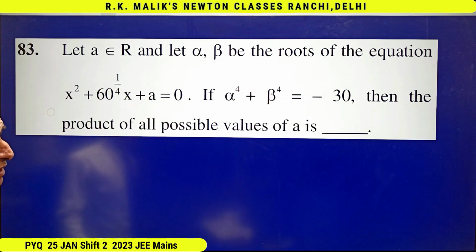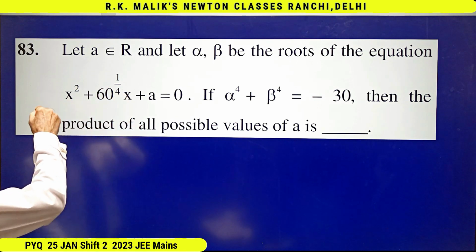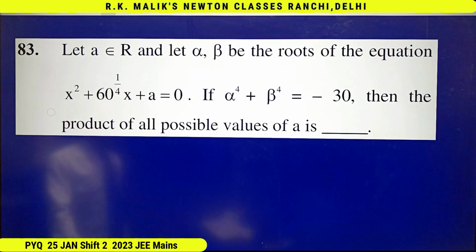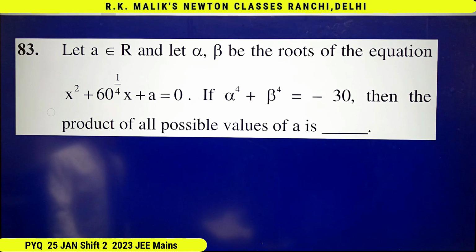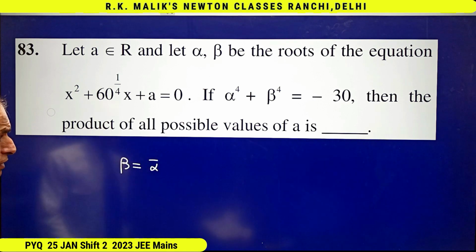It surely means that alpha and beta are imaginary numbers, and because it is a quadratic equation with real coefficients, alpha and beta are sure to be conjugates of each other. That is, I can say beta is equal to alpha bar.